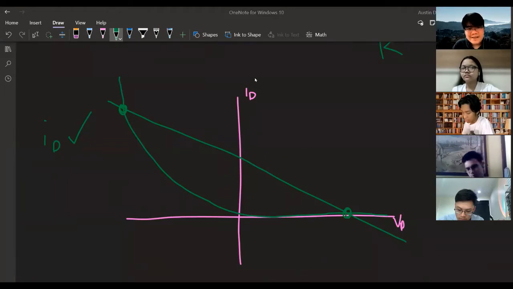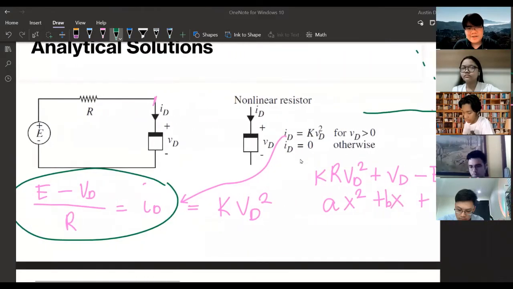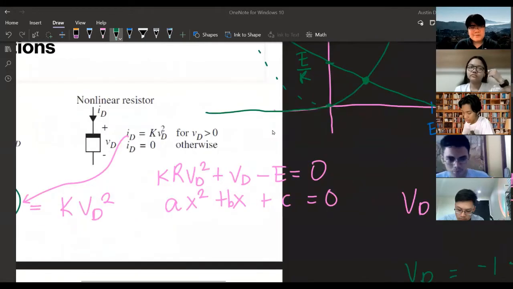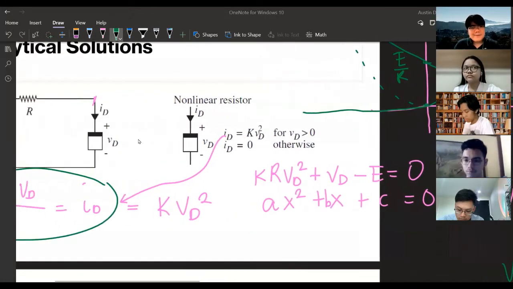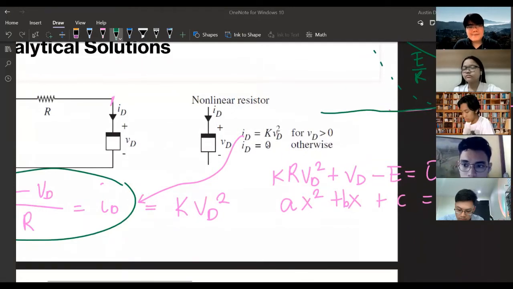Hindi lahat ng nonlinear element na ganun yung itsura. So, ibibigay sa'yo kung ano yung problema mo. Minsan weird yung problem. Minsan sinusoidal yung response niya. Okay? Anything can happen. This is specific for this example.